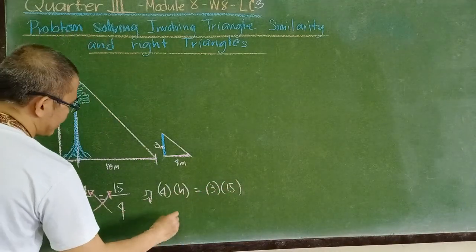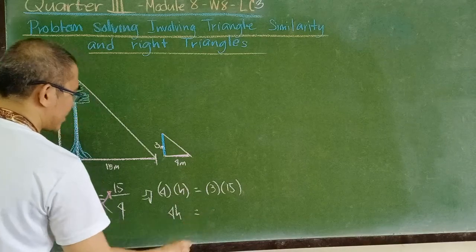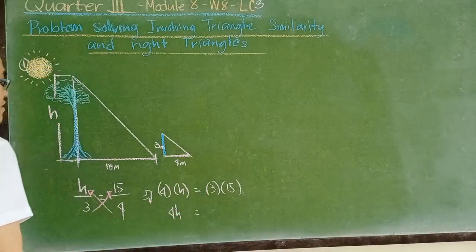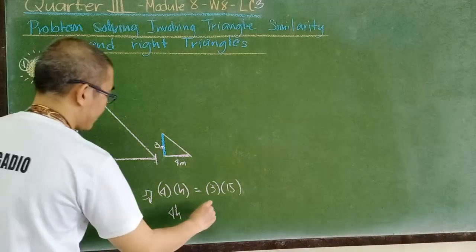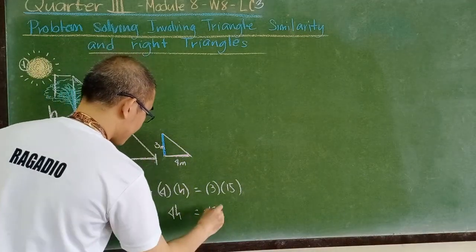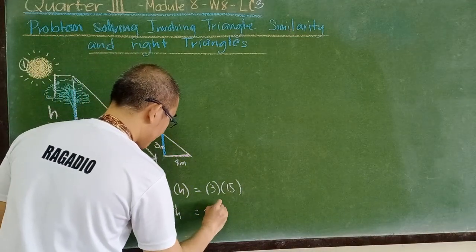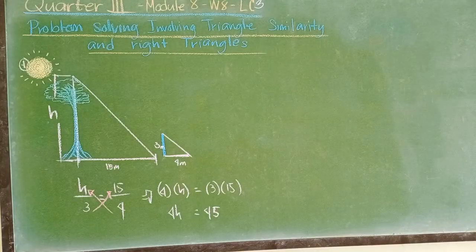So 4 times h is 4h, and 3 times 15 is 45. Right? 4h = 45. And then we're looking for the value of h.